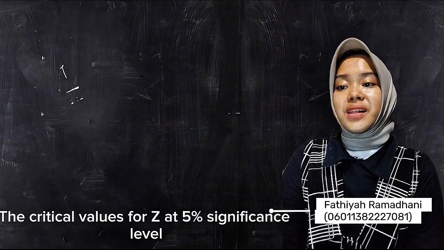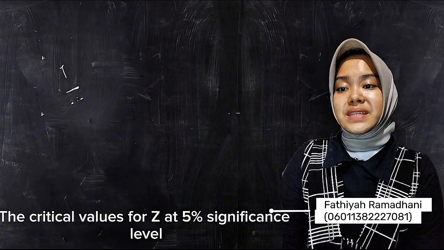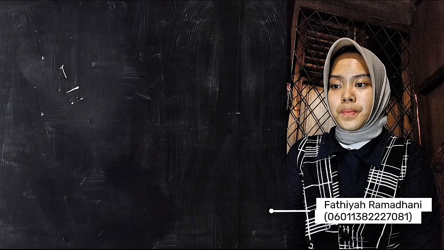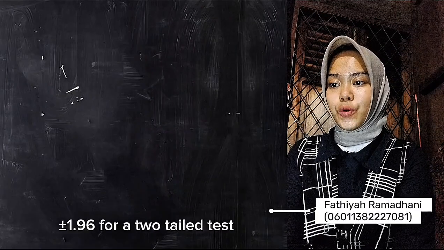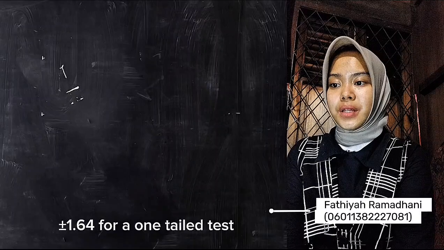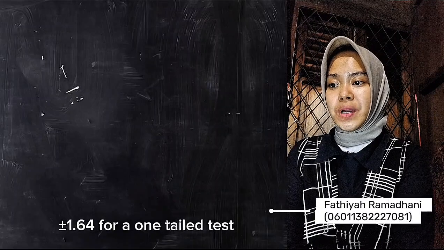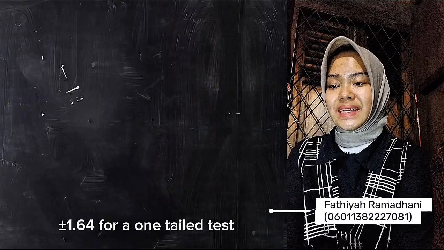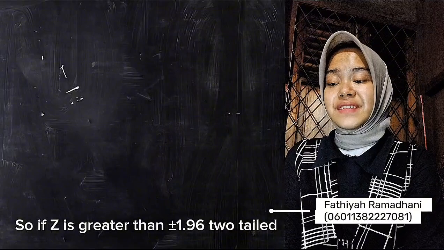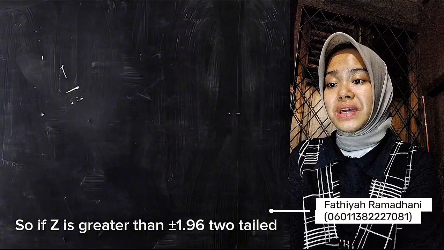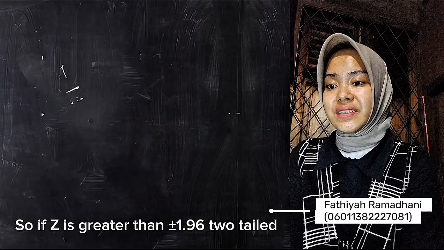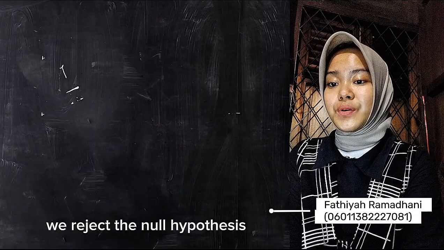The critical values for Z at the 5% significance level are plus or minus 1.96 for a two-tailed test, plus or minus 1.64 for a one-tailed test. So, if Z is greater than plus or minus 1.96 in a two-tailed test, we reject the null hypothesis.